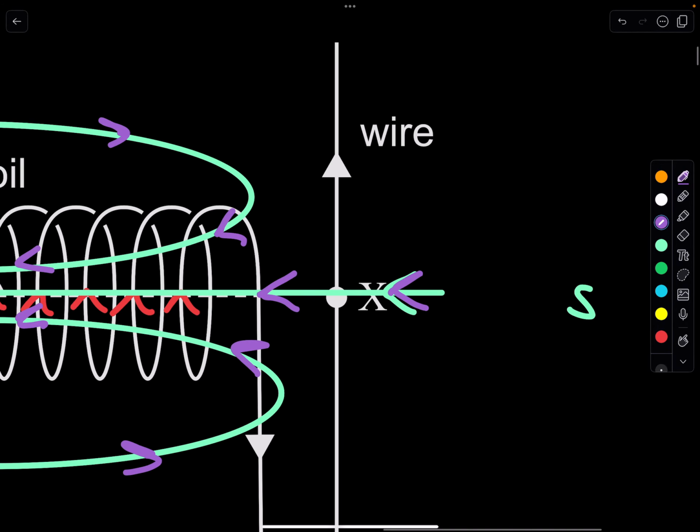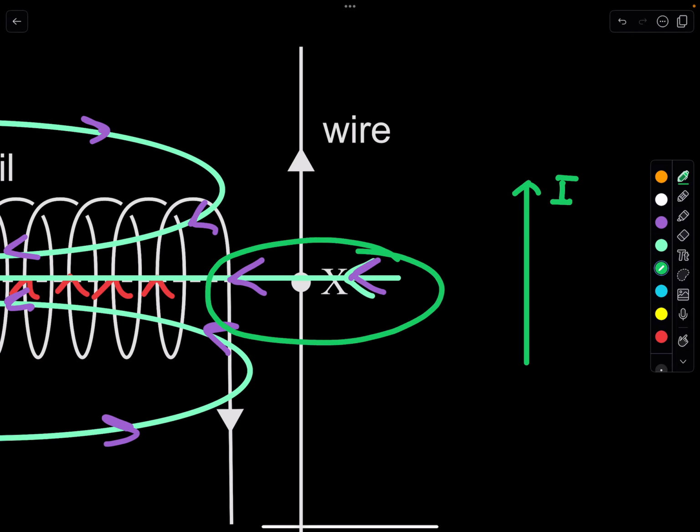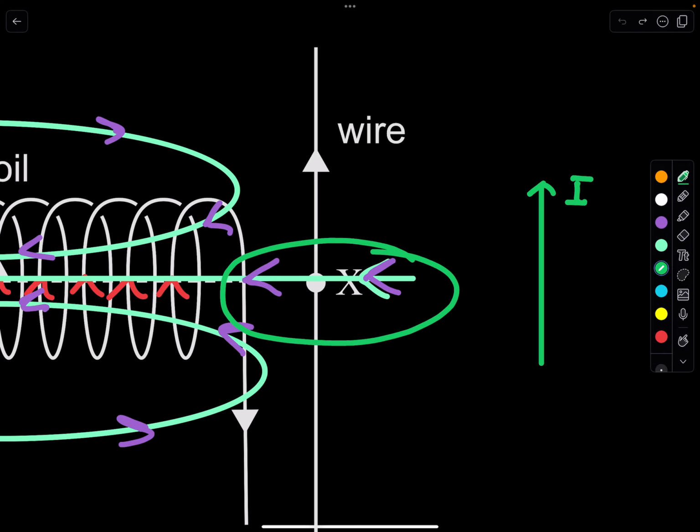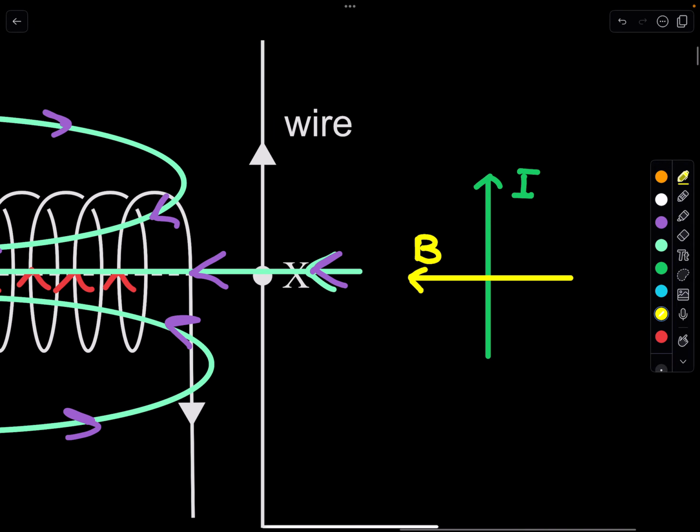Now look at the wire at point X. We have a current direction going up in the wire. We also have a magnetic field on it that's going towards the left. So using your right hand slap rule, let's determine the force.